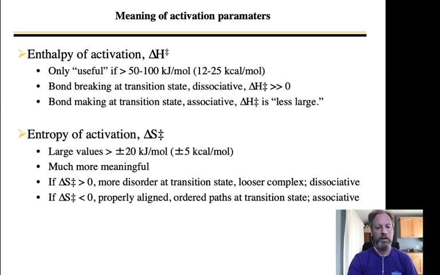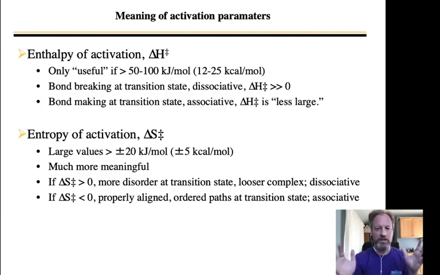The more useful activation parameter is delta S of activation, and large values either greater than positive 20 or less than negative 20, or 5 kcals per mole. That's a very meaningful number, and if delta S is larger than positive 20, that suggests more disorder at the transition state.